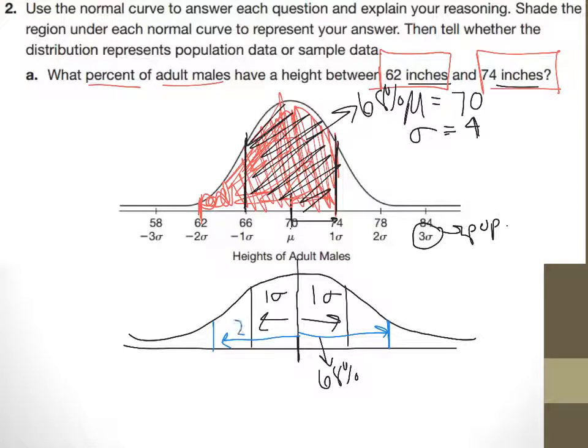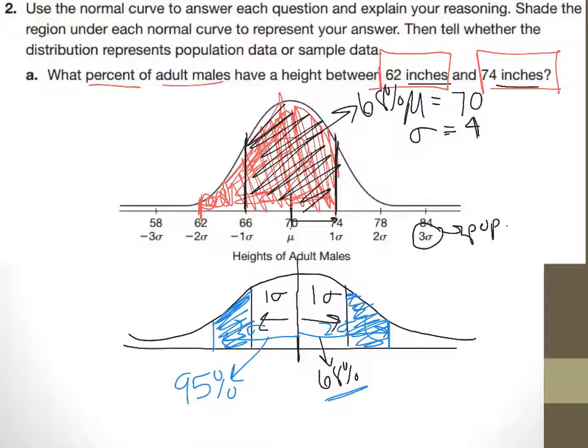So what we're going to do is think about 2 standard deviations out. 2 standard deviations is 95%. So one thing to think about is we need to calculate how much more that is than 68, because if I can calculate how much more, I can figure out these blue areas in here. And as you can tell, this blue area corresponds to this red area, which is ultimately what I'm trying to find.